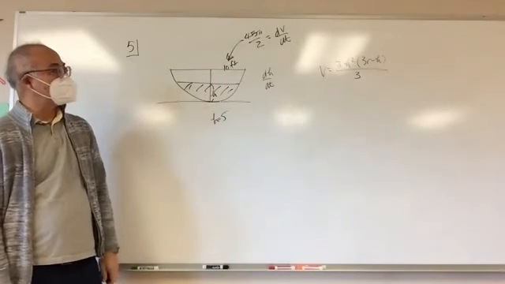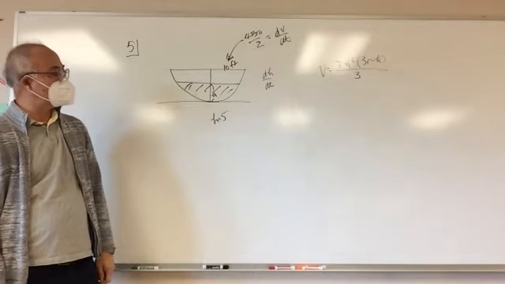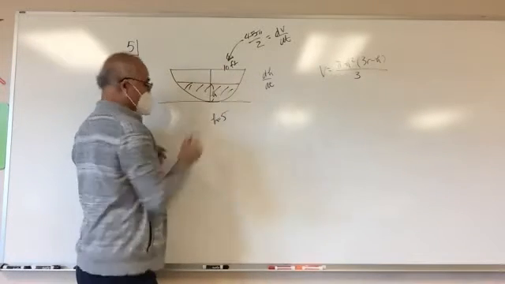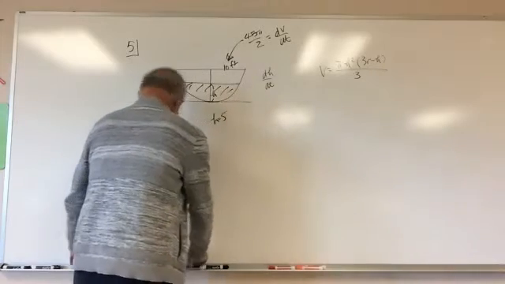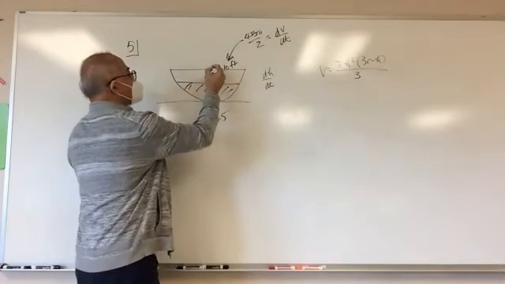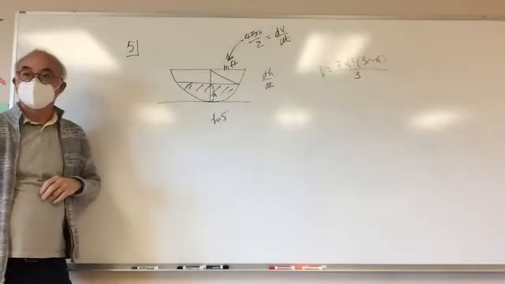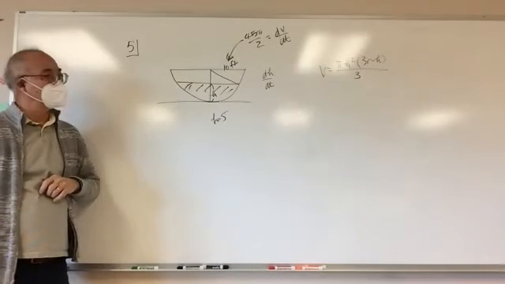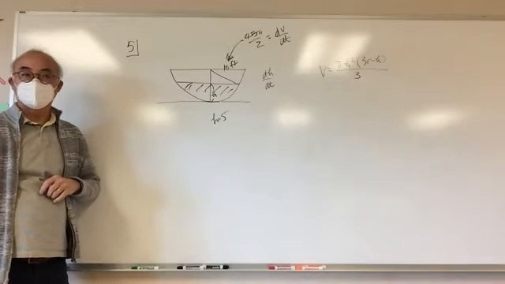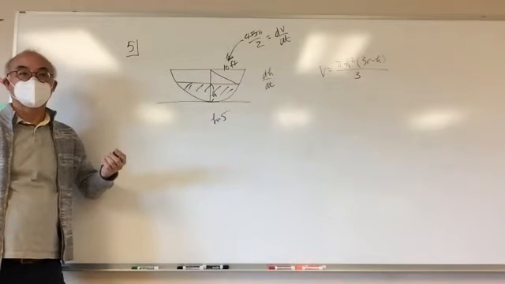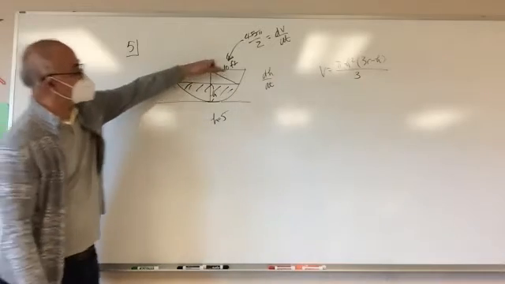So what do we know here? Can anybody tell me what this length here is? It's 10, it's the radius, right? Same radius, from here to here.